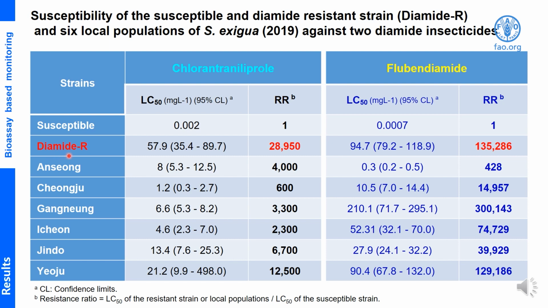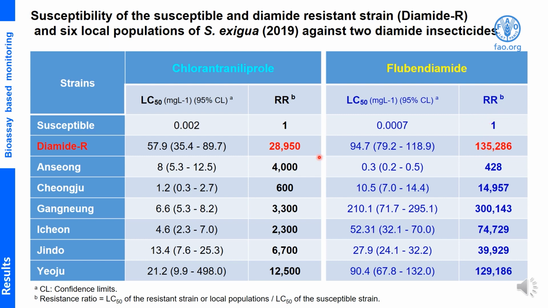The diamide-resistant strain showed over 28,000-fold resistance, a very high level, based on the LC50 value. LC50 means lethal concentration of 50%. And when we treated the same strain with another insecticide, flubendiamide, it also showed 135,000-fold higher resistance than the susceptible strain. So an extremely high level of insecticide resistance was shown.